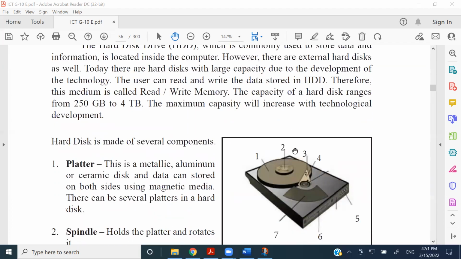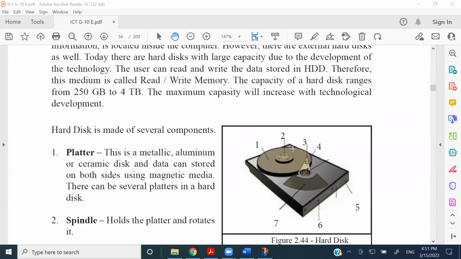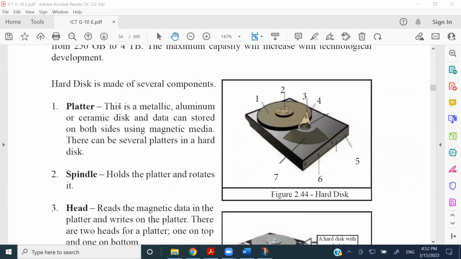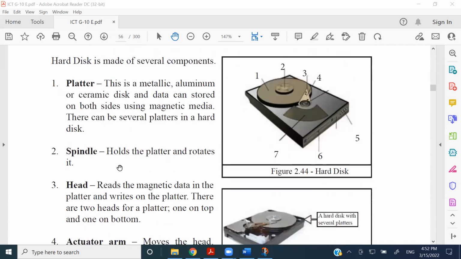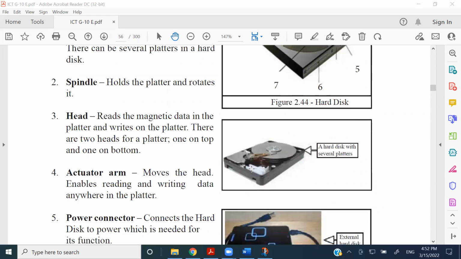Before we see the small video, there are these components inside the hard disk: the platter, which is like a CD inside the hard disk; the spindle, which holds the platter; the head, for reading and writing the data on the platters; and the actuator arm, which moves the head.